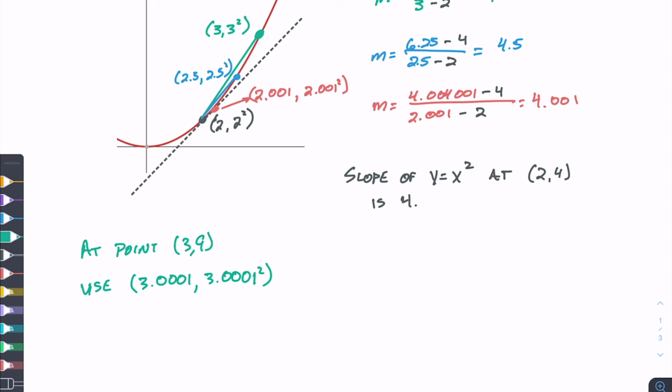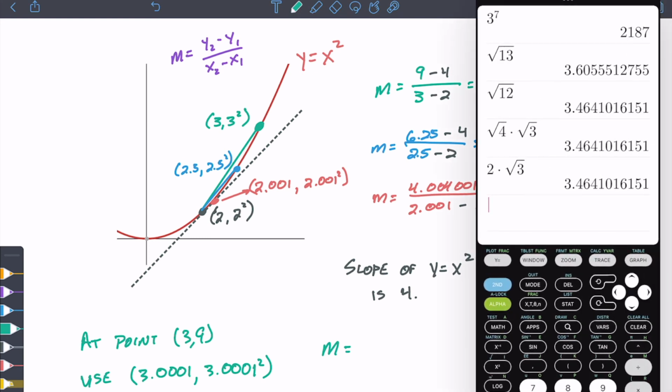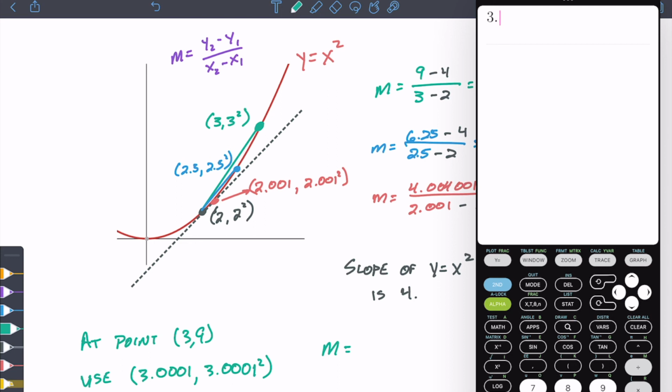To find the slope at this spot, we're going to have to take 3.0001 squared.